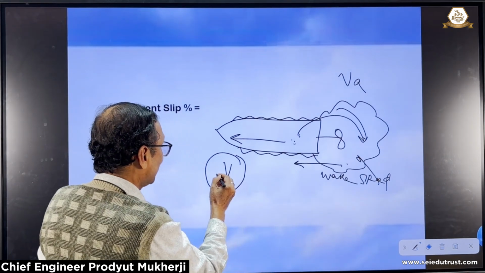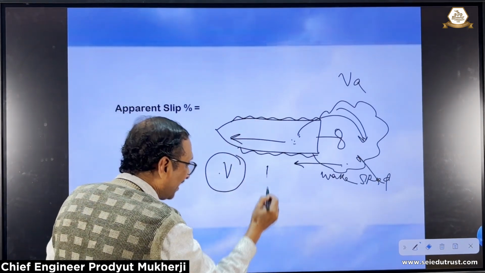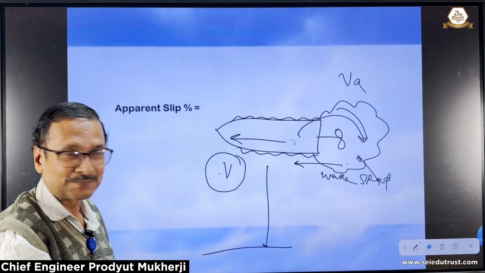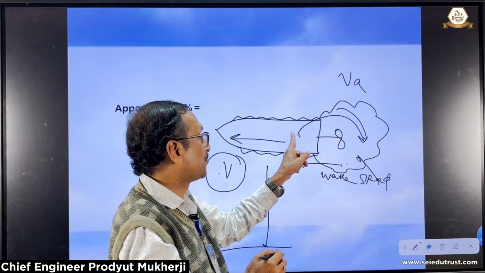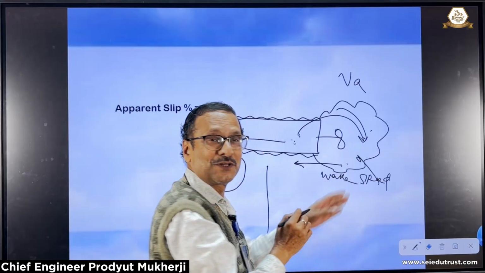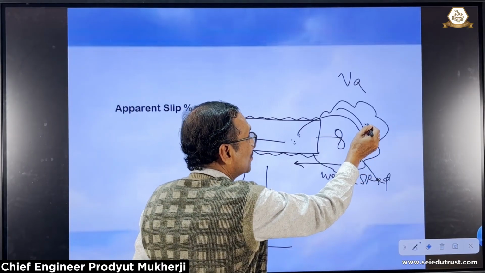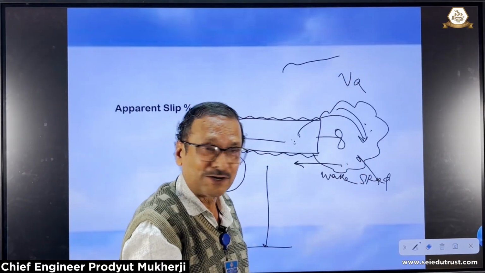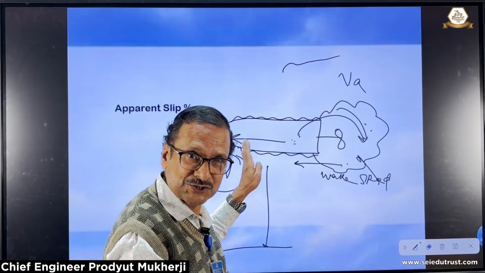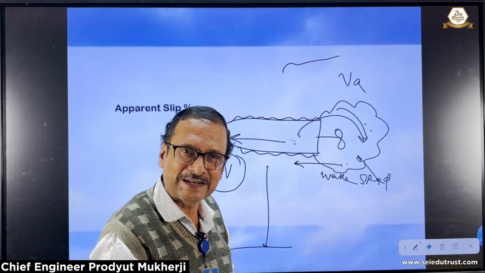Ship speed is the speed of the ship in relation to the ground. Speed of advance is the speed of the ship in relation to the wake, which is not stationary like the surrounding water. It is moving slowly along with the ship because of the viscous drag.